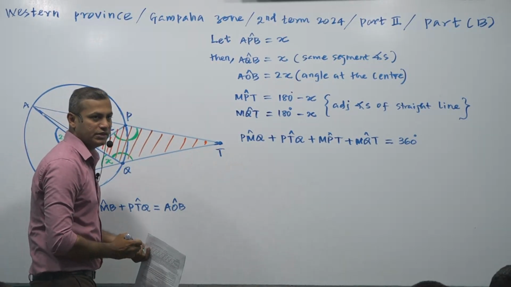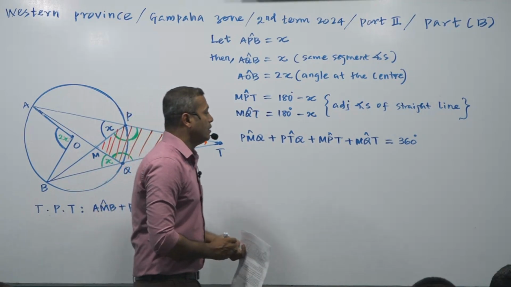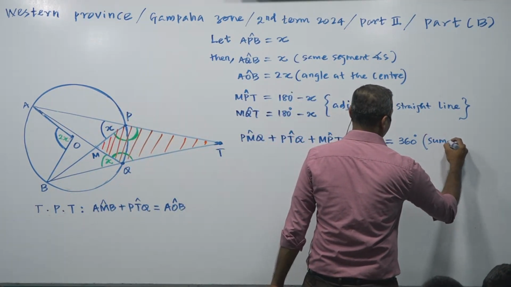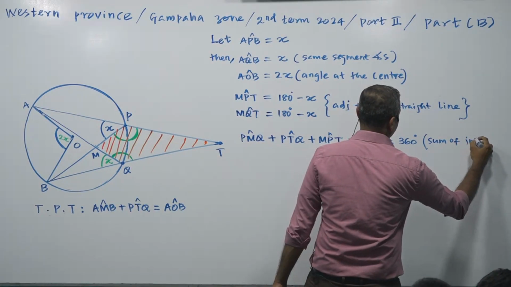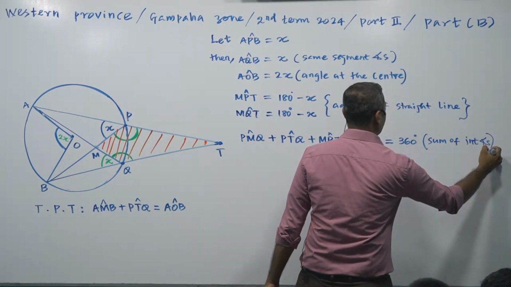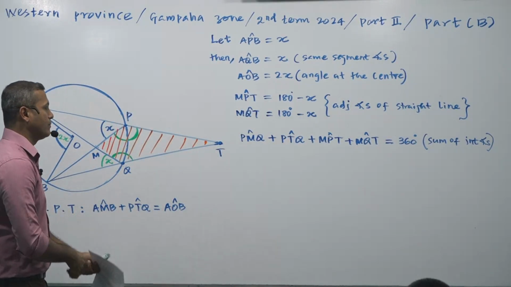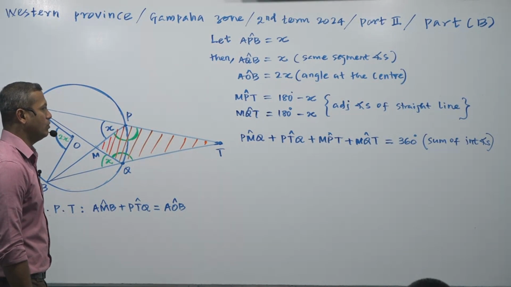This is equal to 360 degrees. Why? Sum of interior angles of a quadrilateral. Is this correct now? PMQ, PTQ, MPT plus MQT is equal to 360. Almost done.